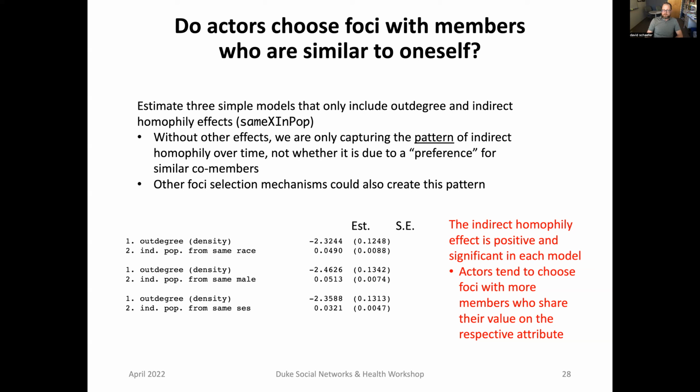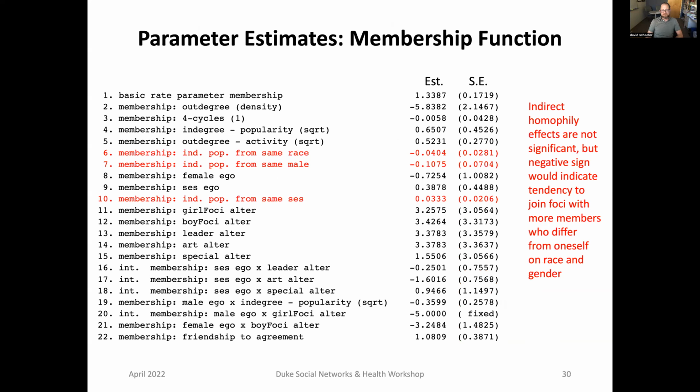Okay. All right. So we do see this homophily. Now let's look at some more fully developed models. And in fact, these are probably too fully developed. So I'm going to walk through a model that comes from the script. It's the last model estimated in the script that has way too many effects. But the goal is to show how one would specify and interpret these effects.